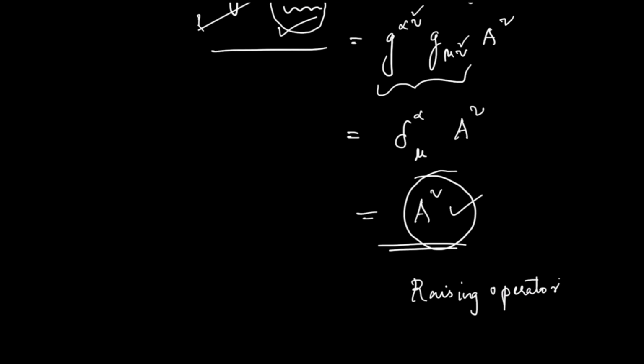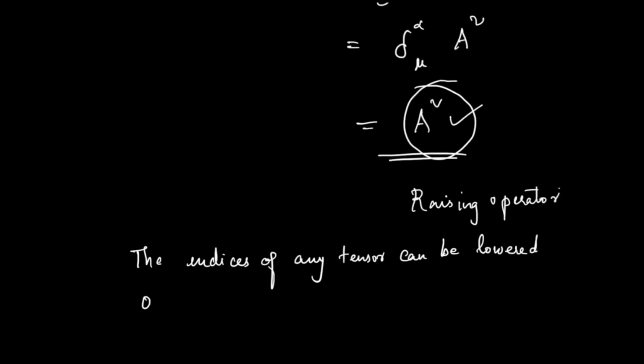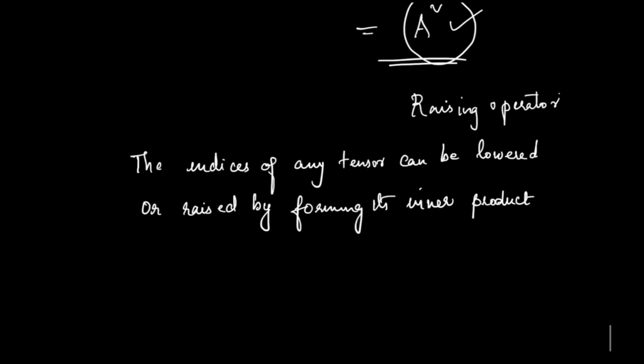So you have to note that without a fundamental metric tensor, a covariant vector cannot be converted into a contravariant one and vice versa. Okay, so that is the importance.